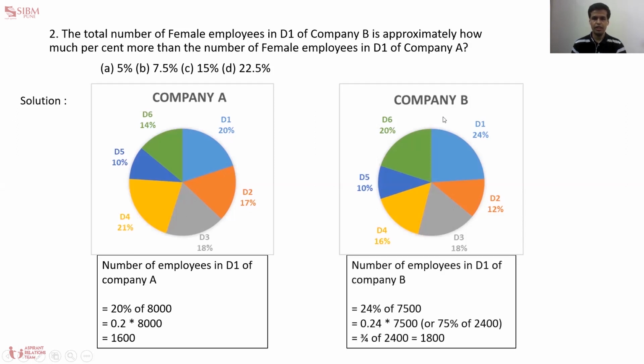And company B has 24% of the total number of employees, which are 7,500. So 0.24 into 7,500, or here we can use a short trick where we can convert 24% of 7,500 into 75% of 2,400. So we get 75%, which is 3/4 of 2,400, which is nothing but 1,800.